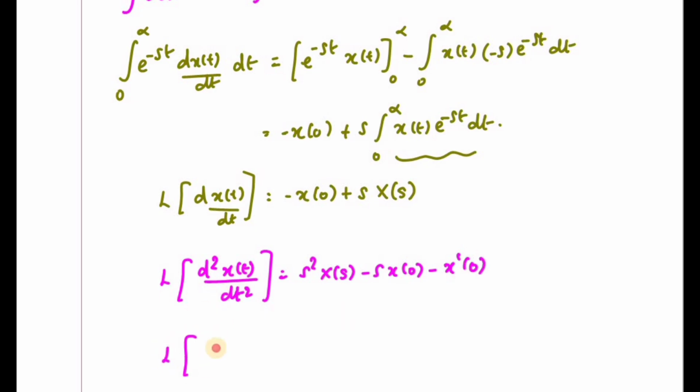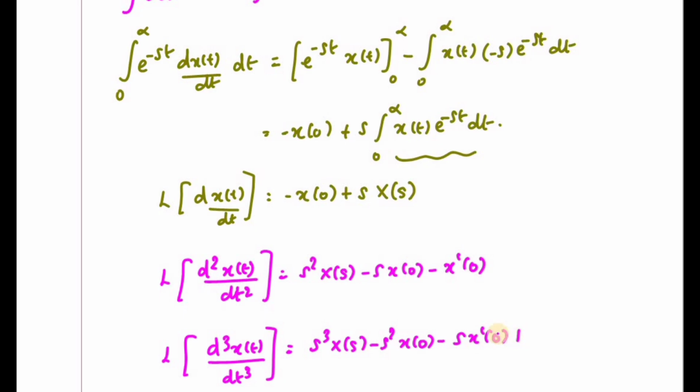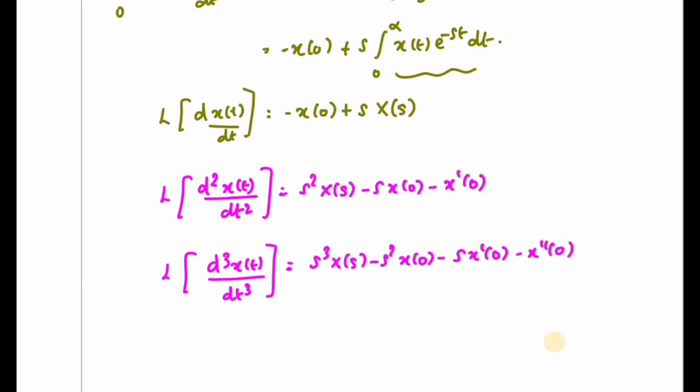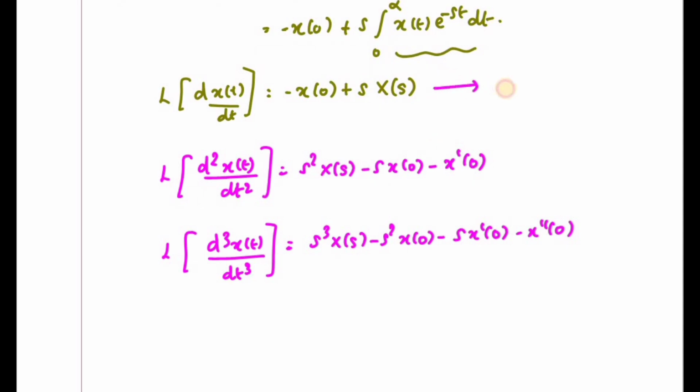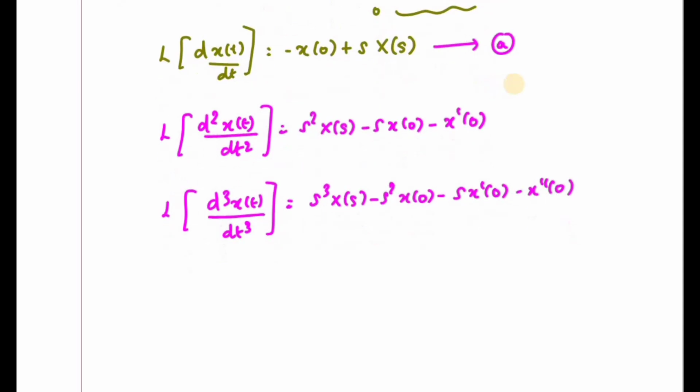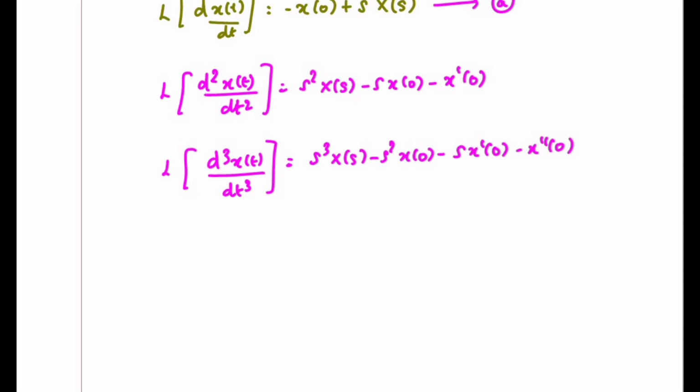Again, d cube x of t divided by dt cube is equal to s cube x of s minus s square x of 0 minus s into x dash of 0 minus x double dash of 0. Let me call this equation A. Now only I'm going to prove the theorem.